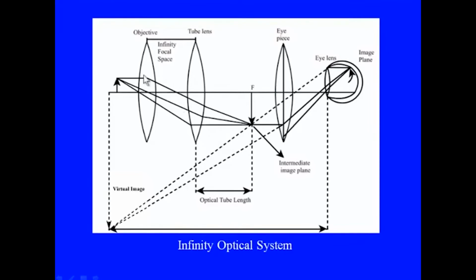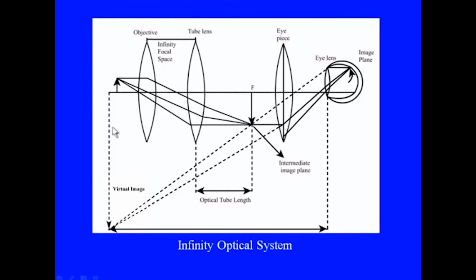And you can see that the rays, diffracted or direct rays which are coming from the object, are focused at infinity, that is, almost parallel rays are coming out here, and these parallel, or infinity focused, rays are then finally focused to the intermediate image plane by the tube lens.